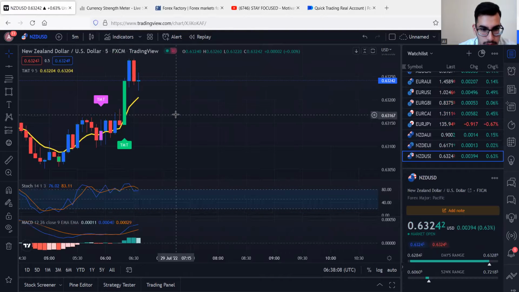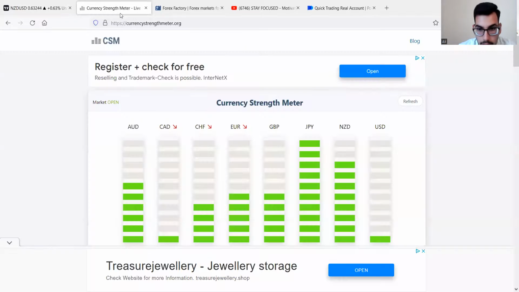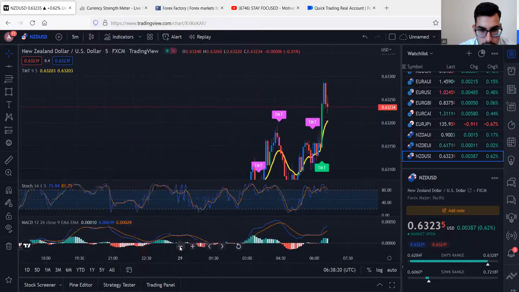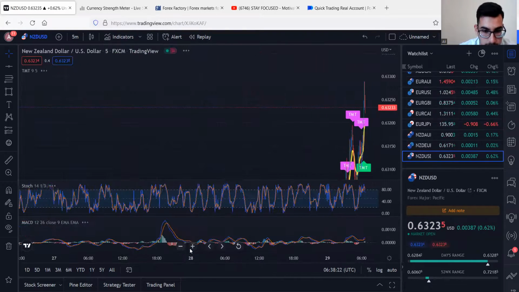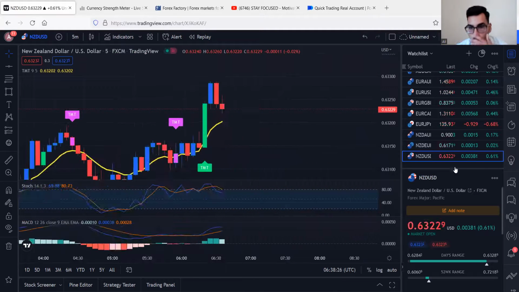Let's look at NZD/USD. NZD/USD is bullish. Okay. Nothing. Not even for pullback. So let's just stick with the areas that we have.